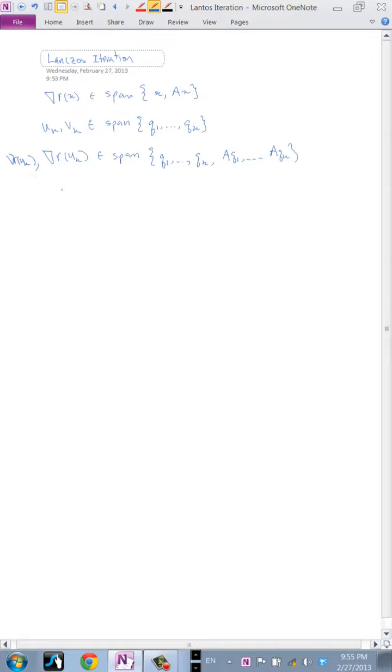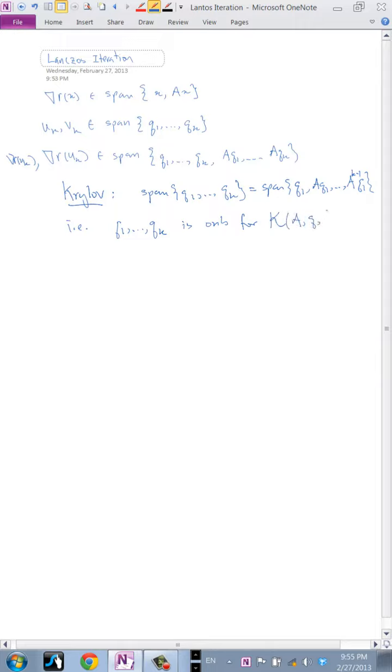The key idea that we see immediately is Krylov. Suppose that the span of q_1 to q_k is equal to the span of q_1, A q_1, all the way up to A^{k-1} q_1. In other words, suppose that q_1 to q_k is an orthonormal basis for the Krylov subspace of level k.